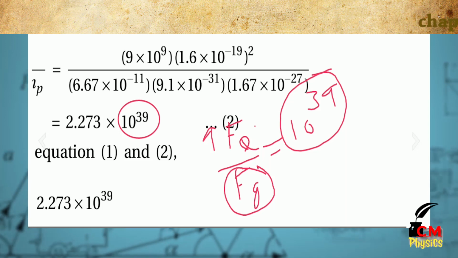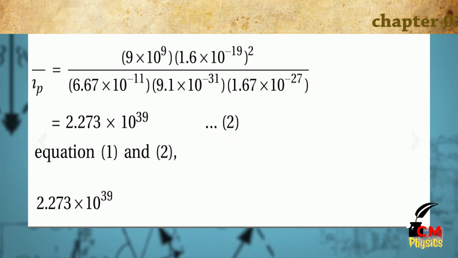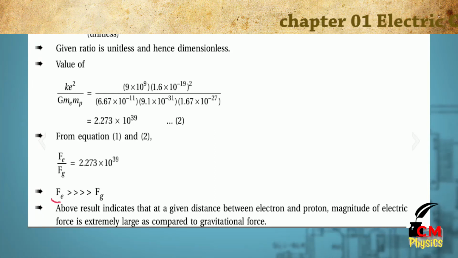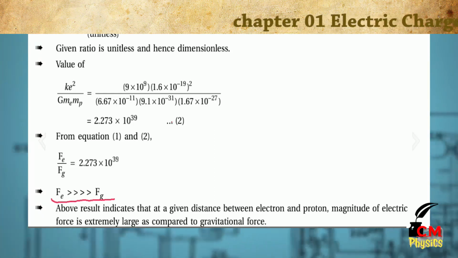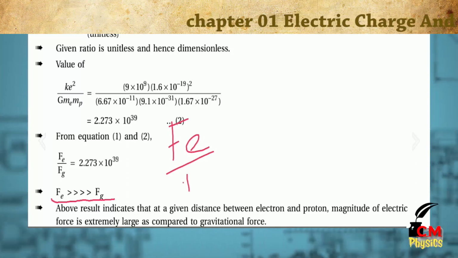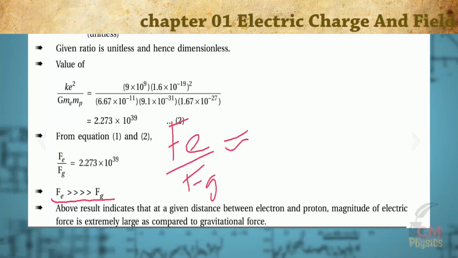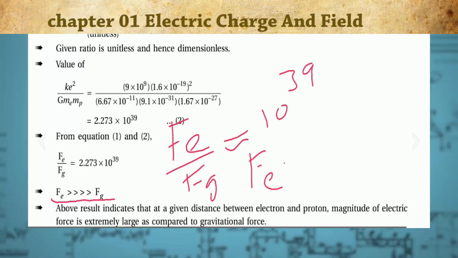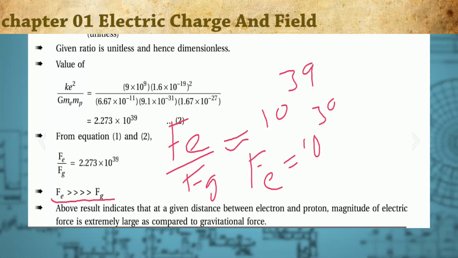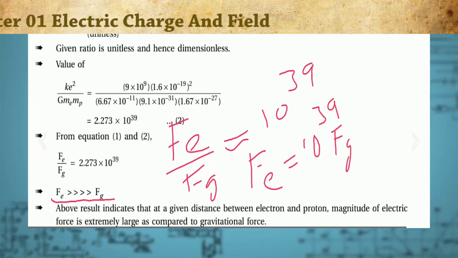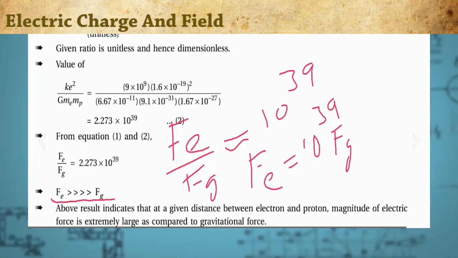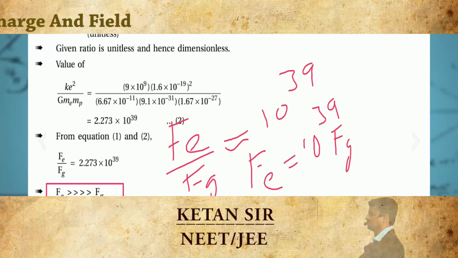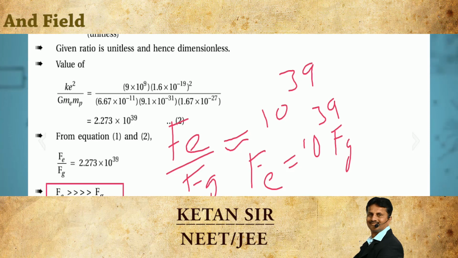Then the conclusion is that Fe is greater than Fg, because Fe by Fg is nearly equal to 10 raised to 39. Means Fe is 10 raised to 39 times stronger than Fg. Therefore we can write Fe is greater than Fg.